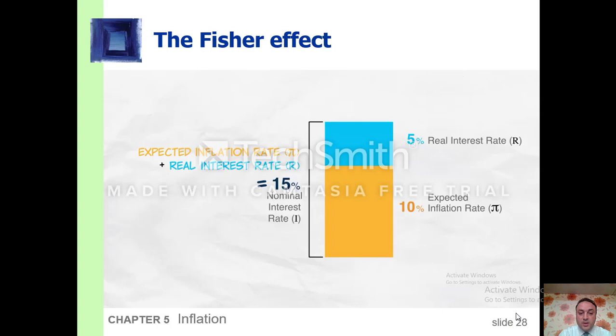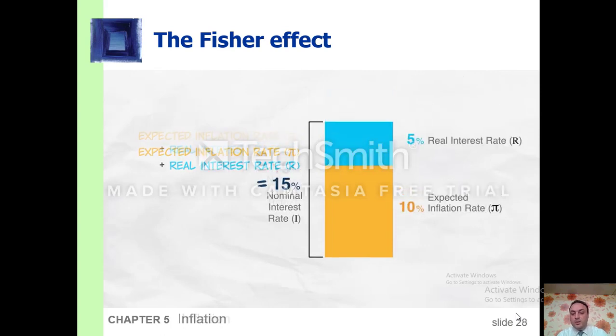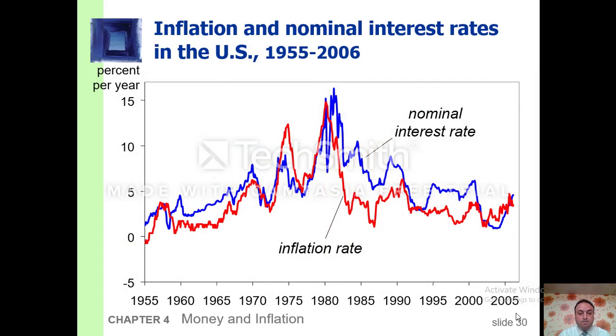The nominal interest rate of 15% is the real interest rate 5% plus the expected inflation rate, the 10%. As the expected inflation rate rises, as you see here, from 10% to 14%, for example, the nominal interest rate will also rise, as the change in the inflation rate.